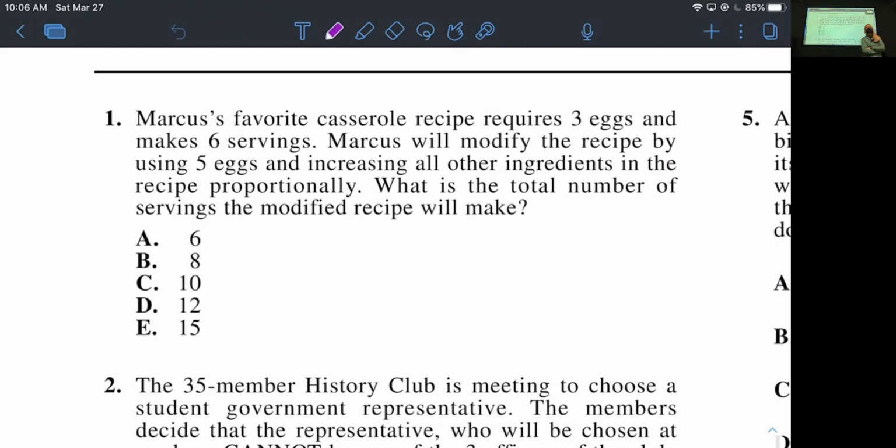All right. So on number one, the key word is they say proportionally.